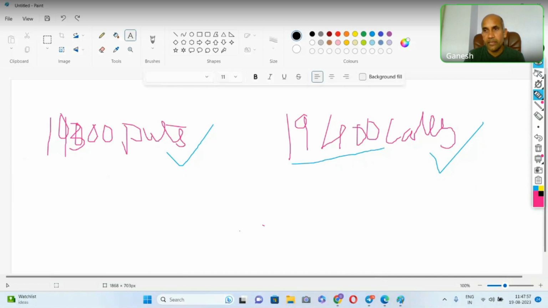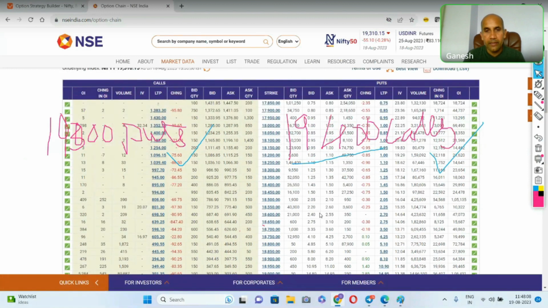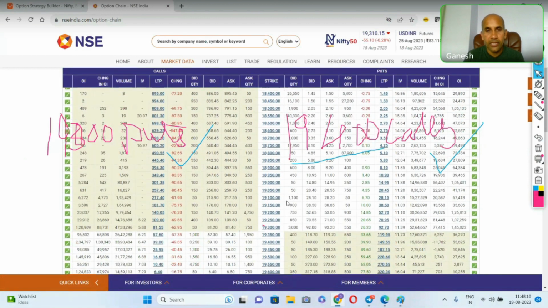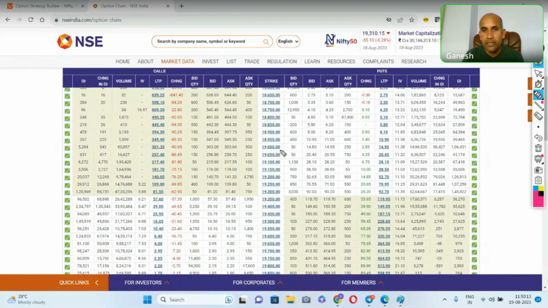Let's see whether you see this one or not. I'll show you once again. This upcoming week expiry, 24th August, 19,300 is what we see. Thanks for bringing that point. So let's say the highest open interest you can see, and on the call side the highest open interest also here we see 2 lakh.